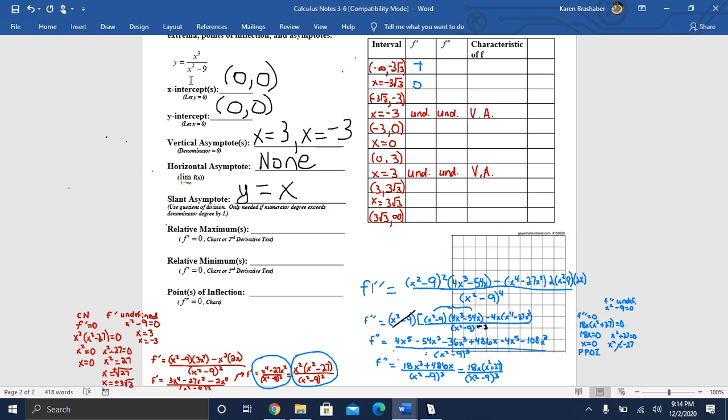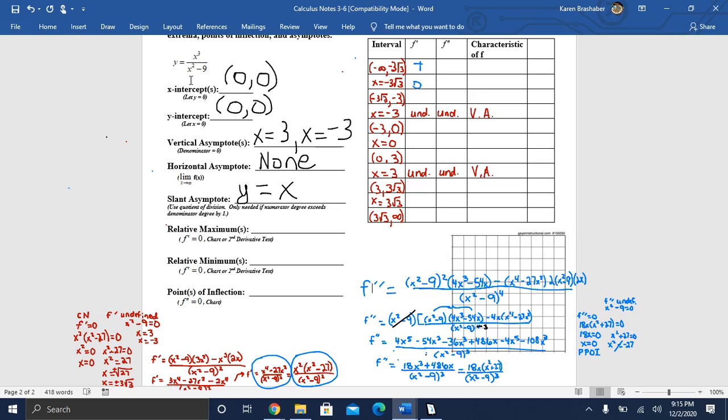Now, this one would be a little more difficult. I would probably need to get a decimal to know what to use between negative 3 square root 3 and negative 3. So if you need to, you can always switch that out. Negative 3 square root 3, you can figure out what that is as a decimal.